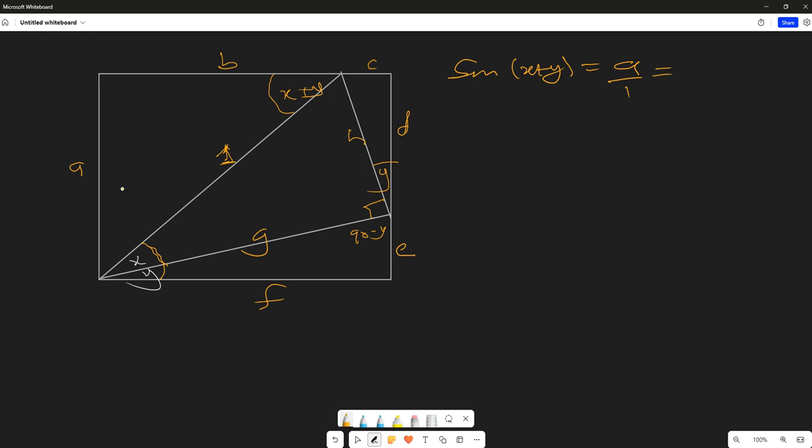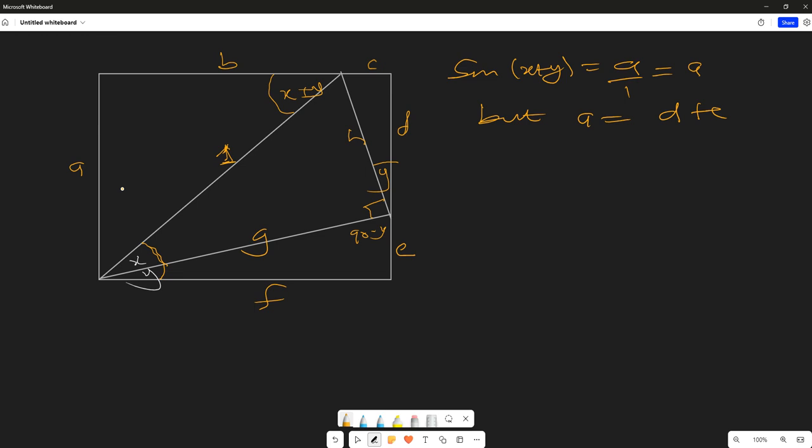Since anything divided by 1 is the same thing, sine x plus y is equal to A. By looking at the diagram, A is equal to D plus E, because opposite sides of a rectangle are the same. So A is equal to D plus E.